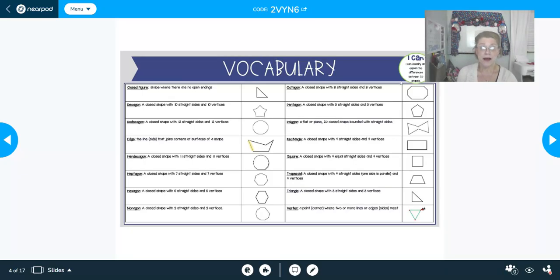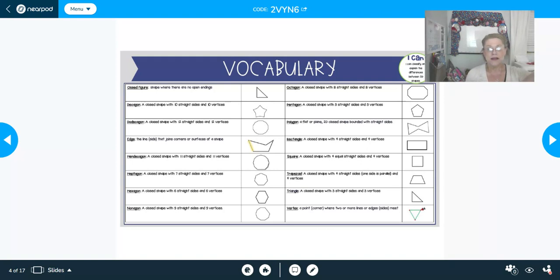But a triangle has how many? We have 1, 2, 3 vertices. So if a shape only has 1 point where lines meet, it would only have 1 vertex. But if it has more than 1, it would be called vertices.